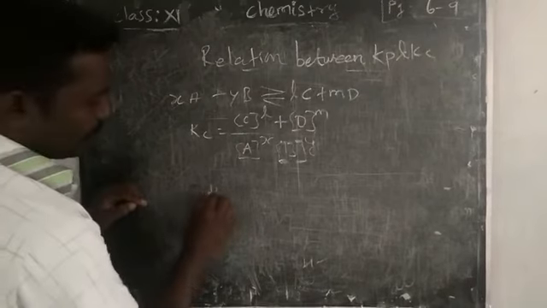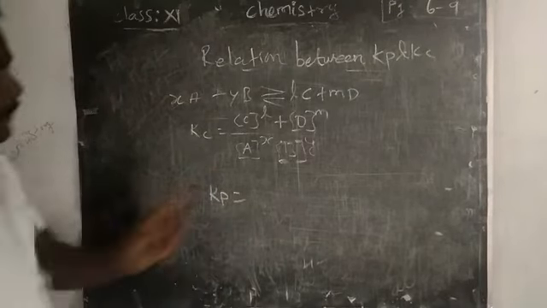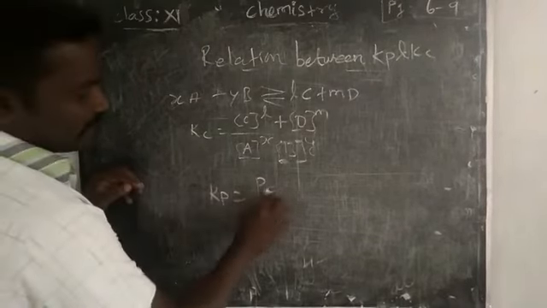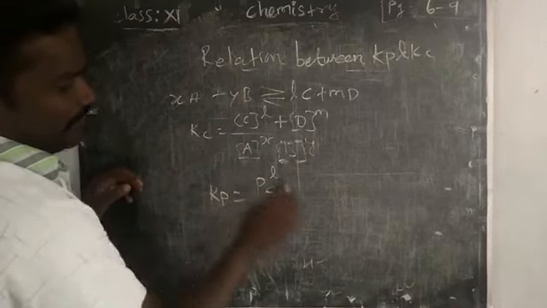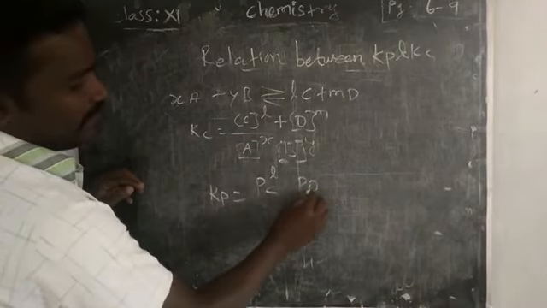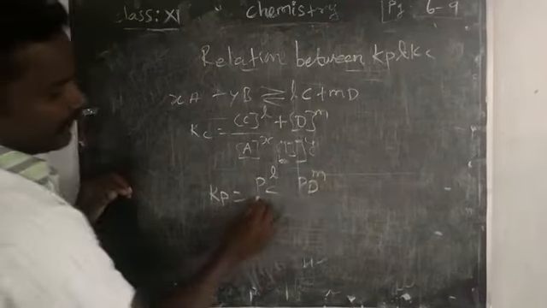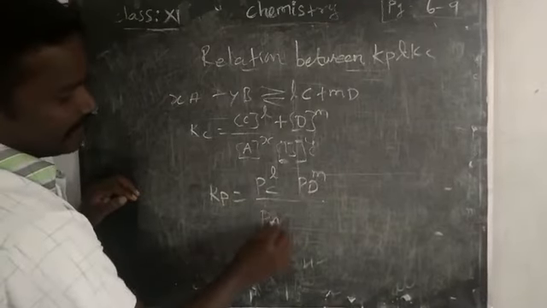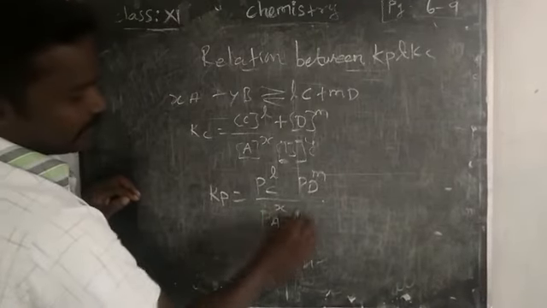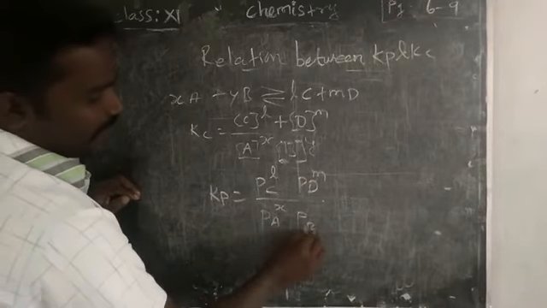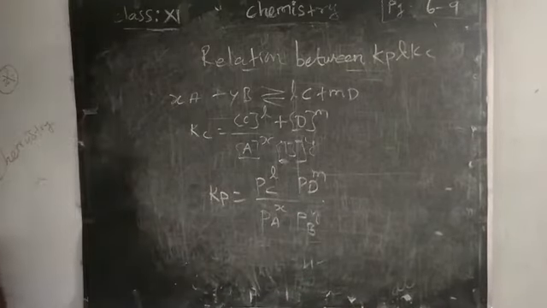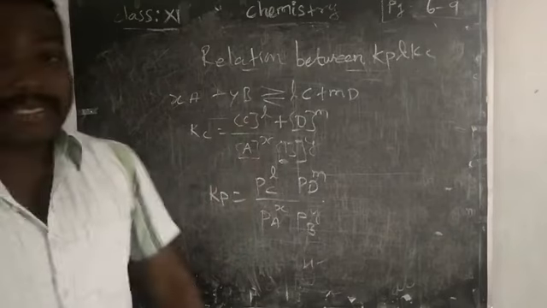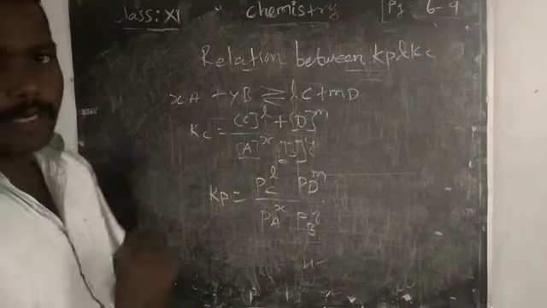Kp is the partial pressure of C power l, partial pressure of D power m, divided by partial pressure of A power x and partial pressure of B power y. Now we have Kp and Kc terms and we want to relate them.